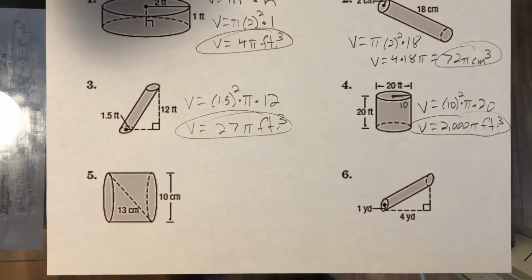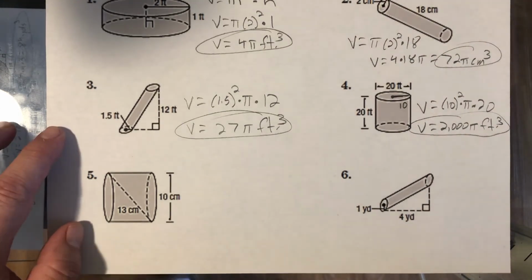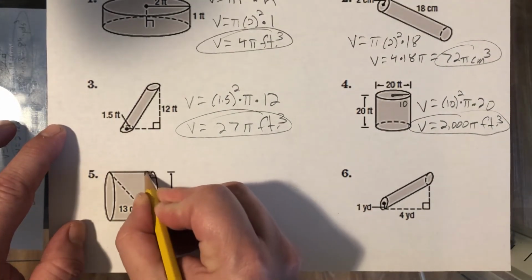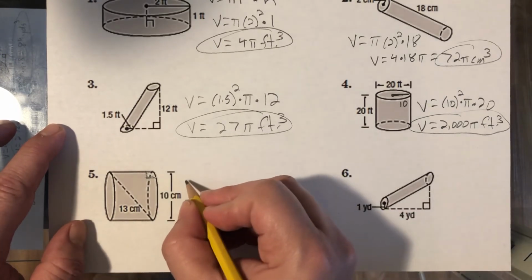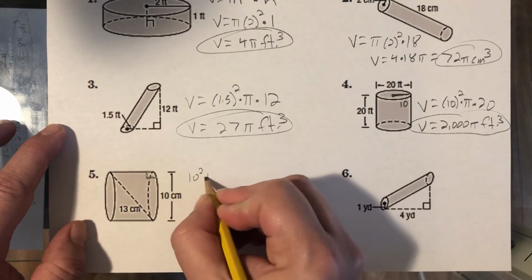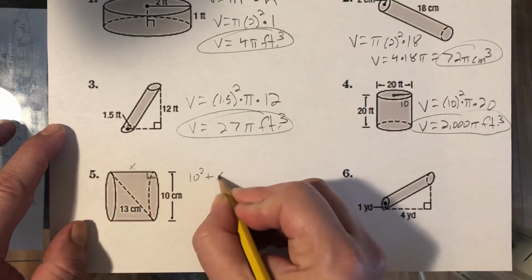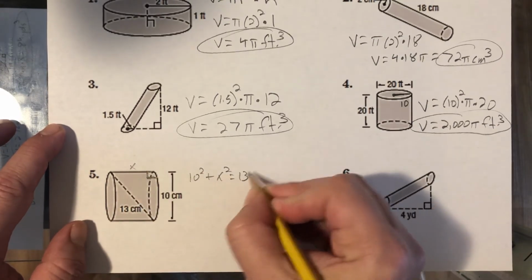In our next example, the trick here is that we don't know the height, but we do know that it's the missing side of a right triangle, so we can use the Pythagorean theorem there. We can say 10 squared plus x squared equals 13 squared.